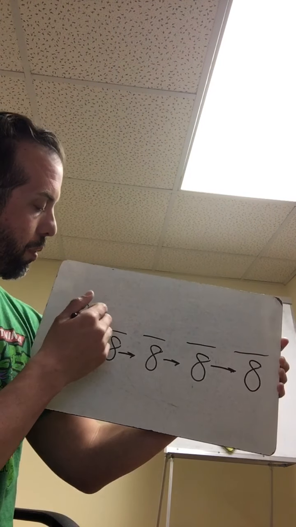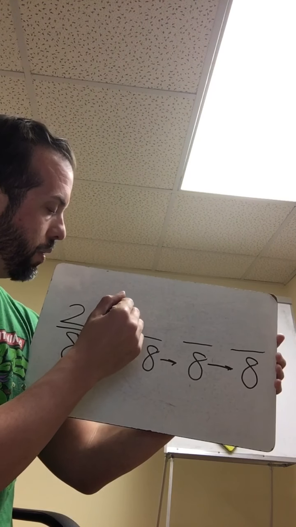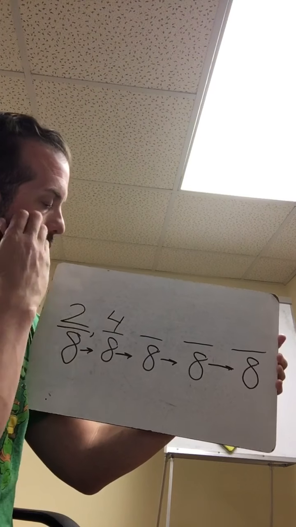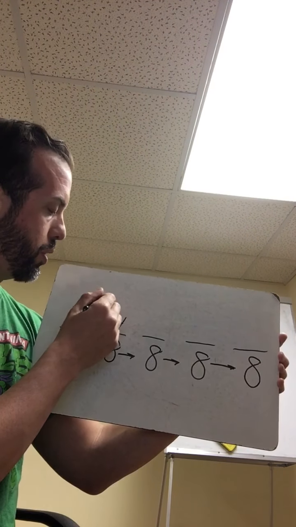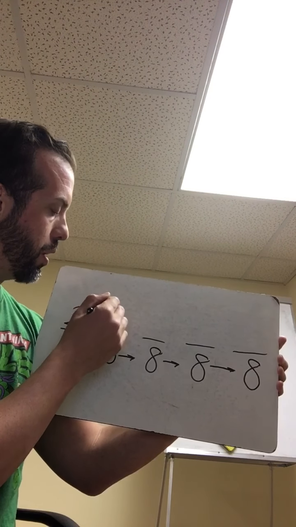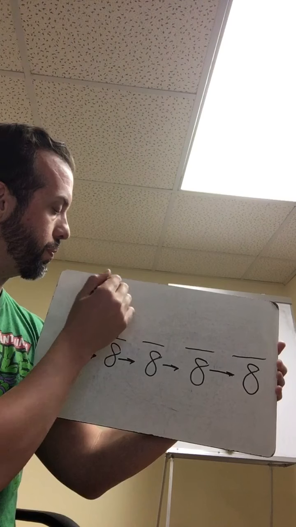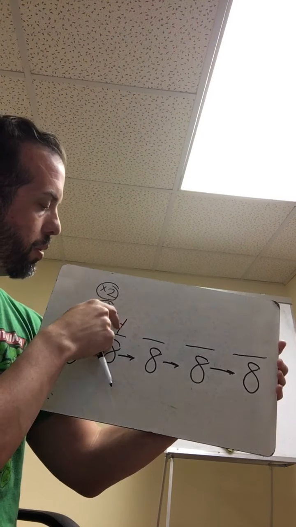So now I'm thinking, I could think of it 2 ways, right? I could think of it 2 plus 2 is 4, plus 2 is 6, plus 2 is 8. You could also think of it as 2 times 2. 2 times 1 is 2, 2 times 2 is 4.